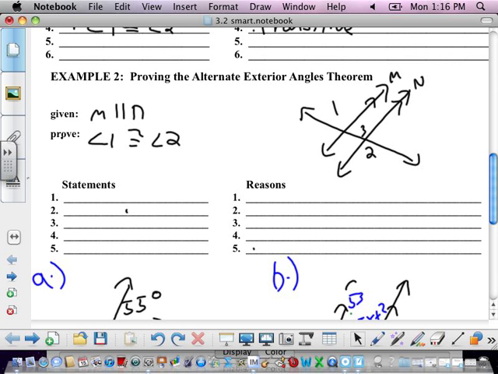This is what's going to prove. You got 3 and 2. Good. What about 3 and 1?